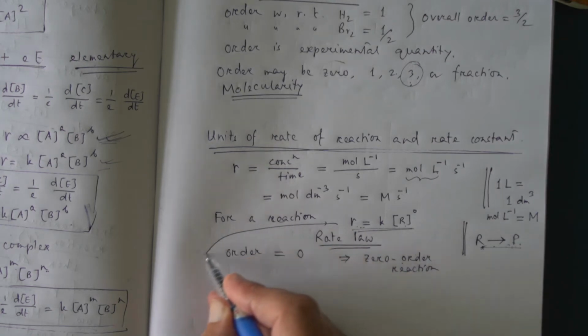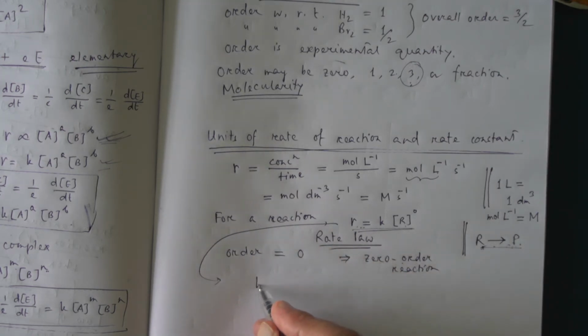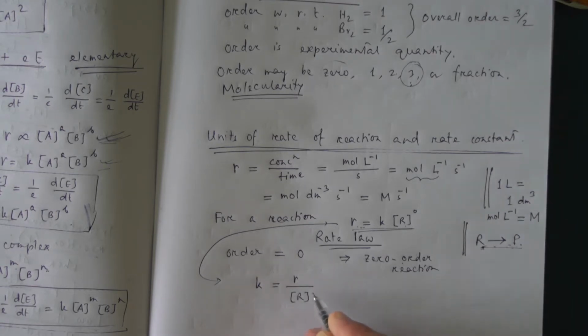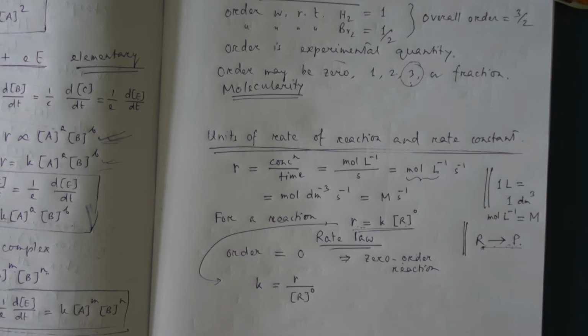Okay. So what will be the unit of rate constant? From this we can write this. K is equal to R by C to the power 0. And to the power 0 means 1.